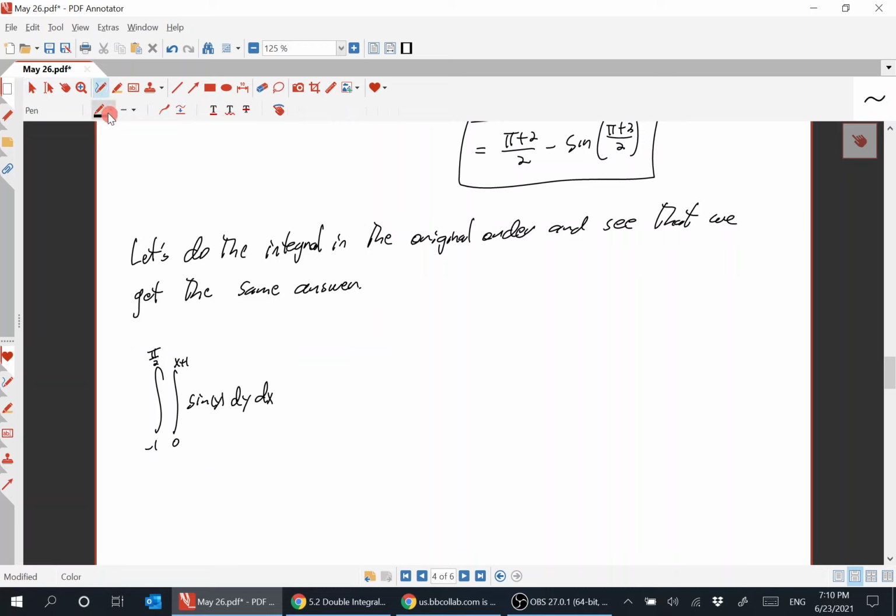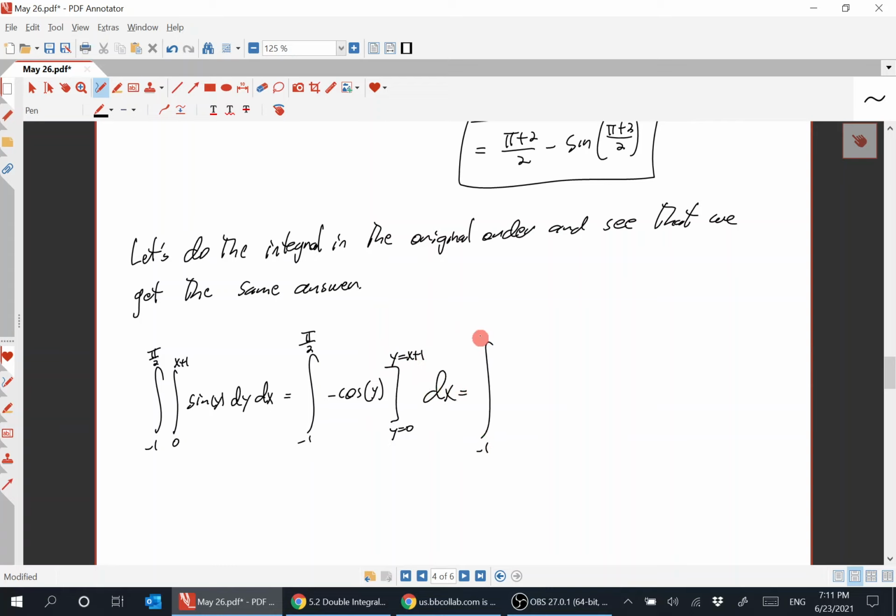The antiderivative of sine y with regard to y is just minus cosine y, from y equals 0 to y equals x plus 1, dx.